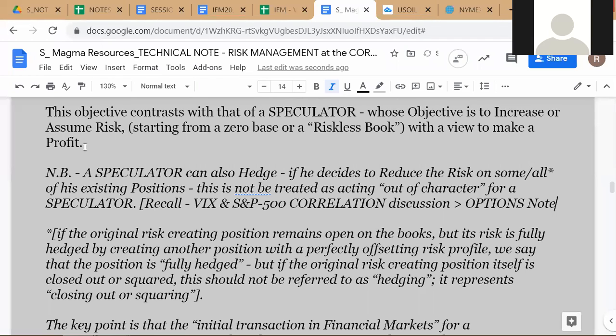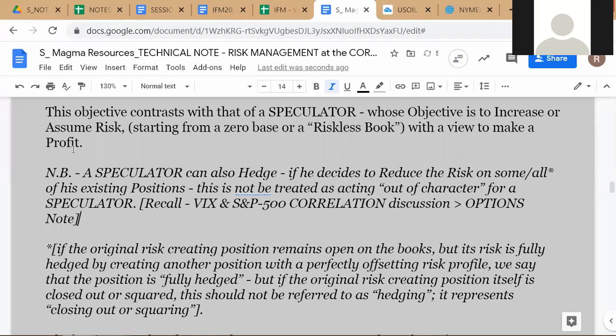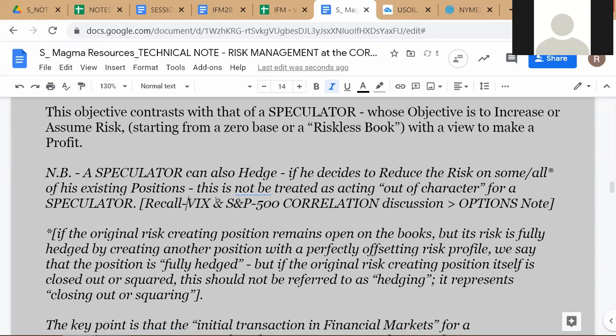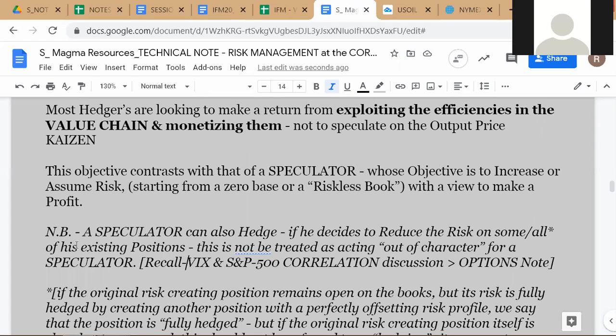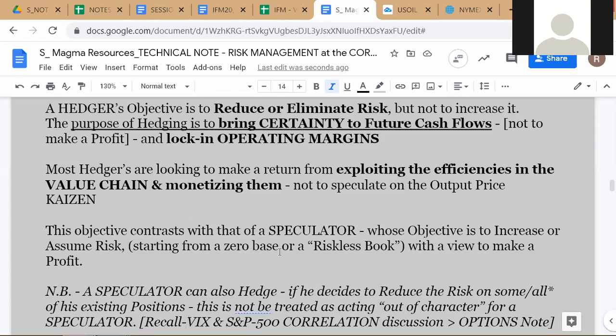You notice that I always hedge myself by saying that generally speculators don't hedge, but there are some cases where they hedge. If you go back to your options note and read the part on VIX and S&P 500 correlation, I've talked about a situation where they might hedge. That's an example of a speculator hedging because he doesn't want to sell his underlying position. But generally, they don't hedge; they directly buy and sell and increase or reduce their underlying position.